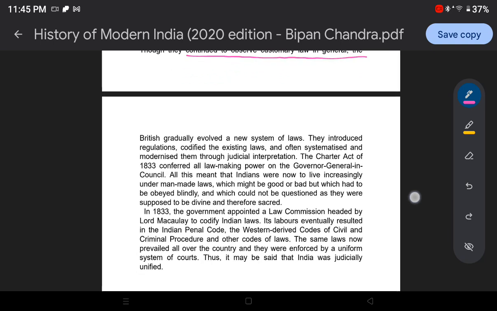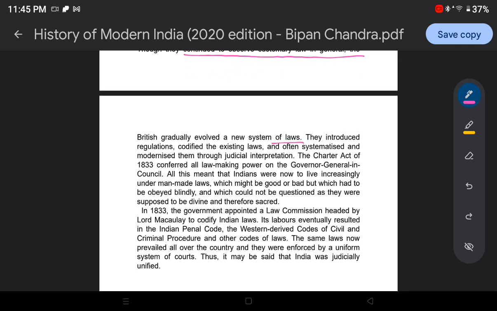The British gradually evolved a new system of laws. They introduced regulations, codified the existing laws, and often systematized and modernized them through judicial interpretation. The Charter Act of 1833 conferred all lawmaking power on the Governor General in Council.